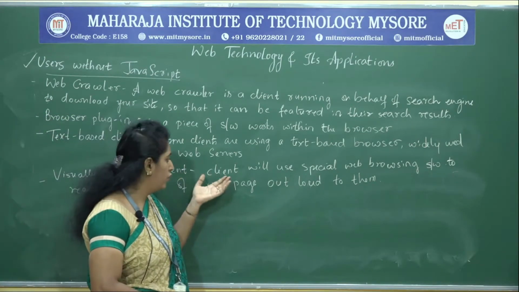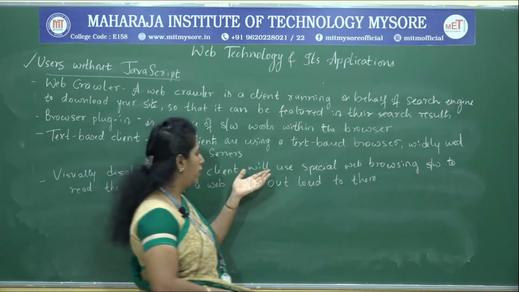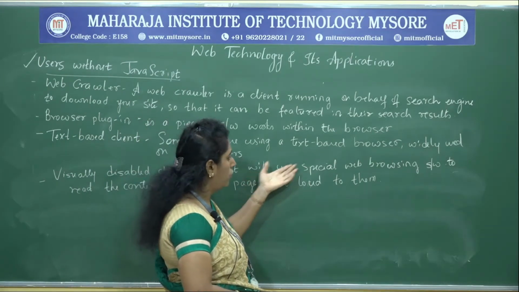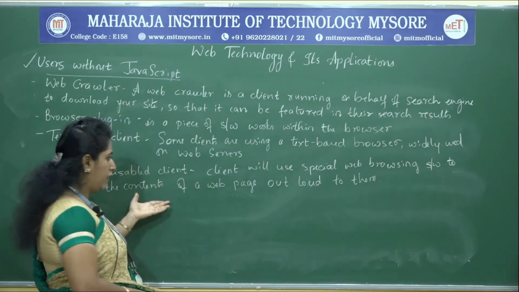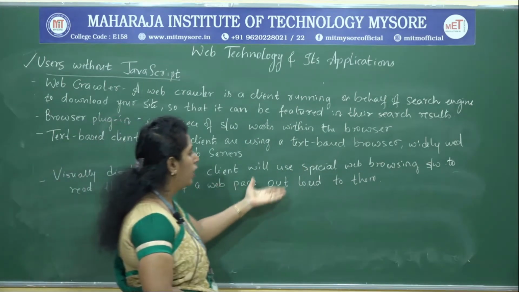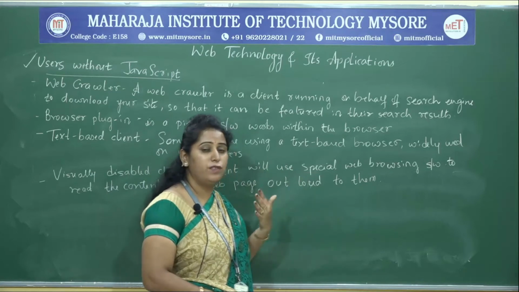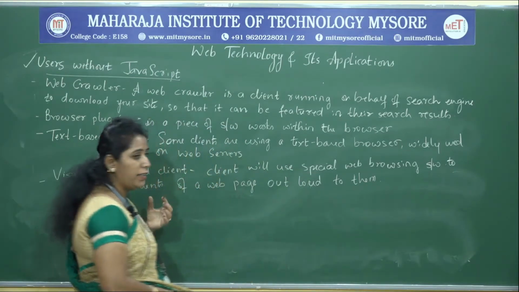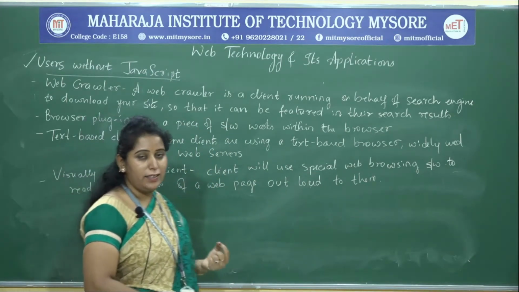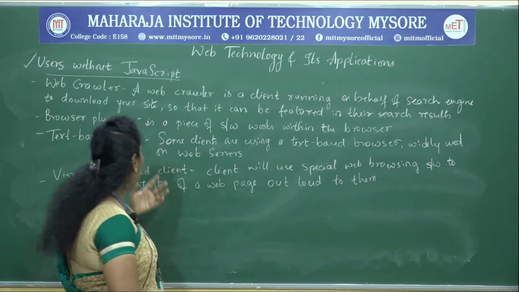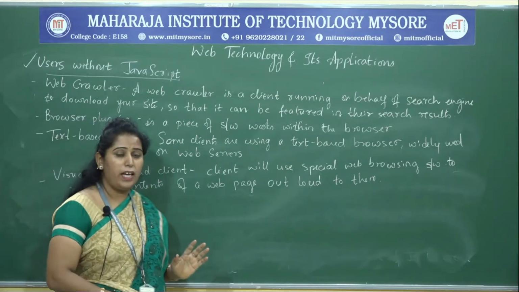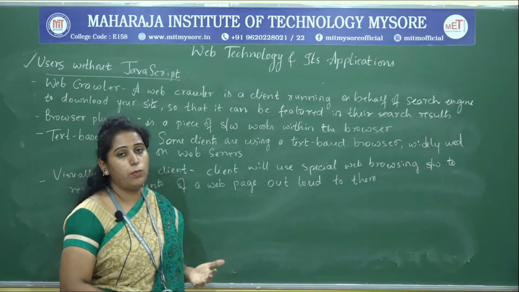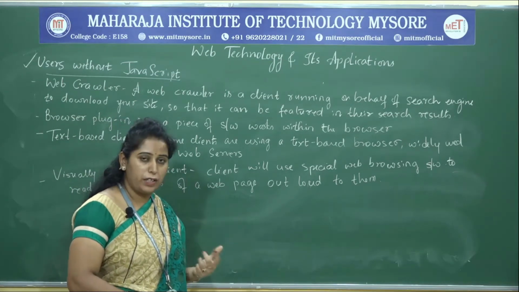If a client is visually disabled, he is going to use special web browsing software to read the contents of a web page out loud to them. Since he is visually impaired, he has to listen. So these are all the uses where it is going to work without the support of JavaScript.